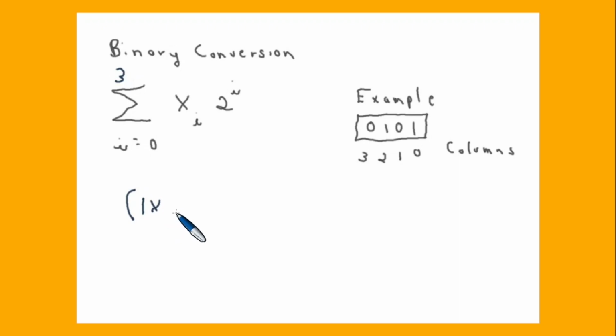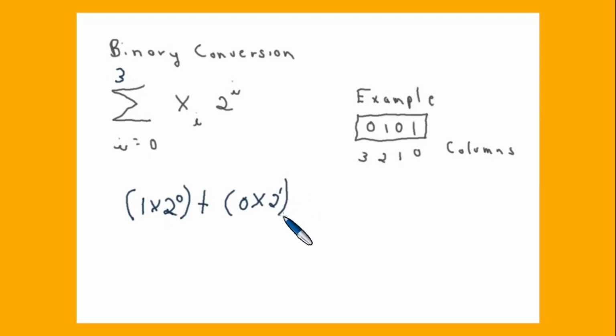And then that's times 2 to the 0 column. And then we have plus the next one in our summation, which would be the value of 0 times 2 to the 1.